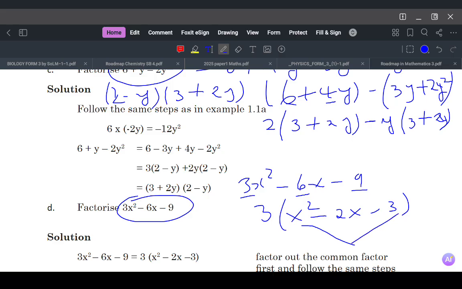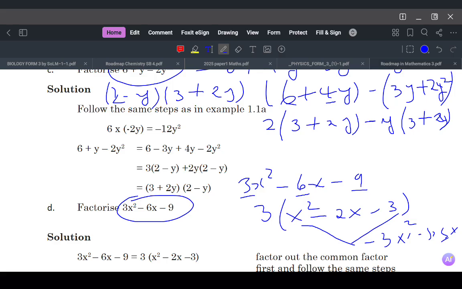So you multiply these two, it will be minus 3x squared, whose factors are going to be minus 3x and x. So rewrite the expression.